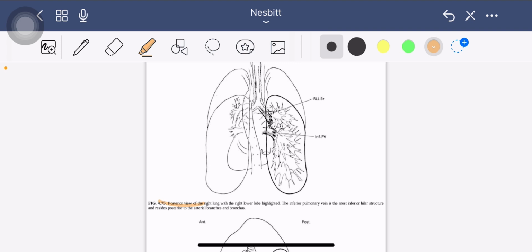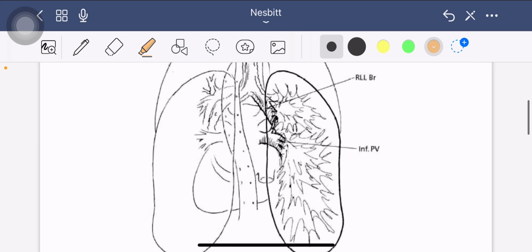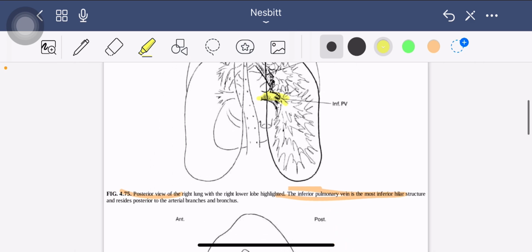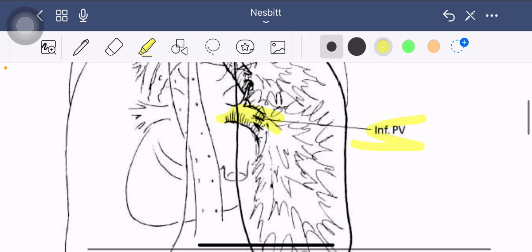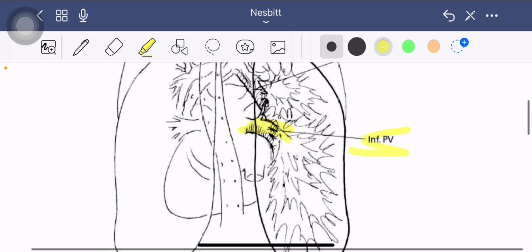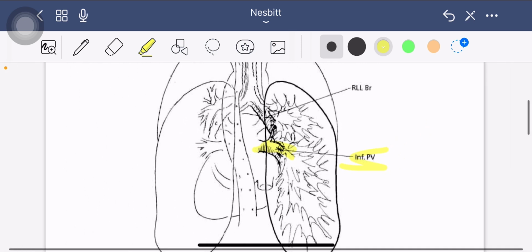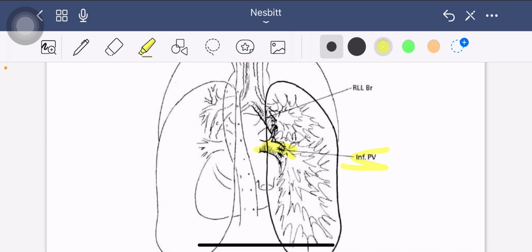And this is the posterior view of the right lung, with the right lower lobe highlighted. The right inferior pulmonary vein is the most inferior hilar structure, and resides posterior to the arterial branches and bronchus.